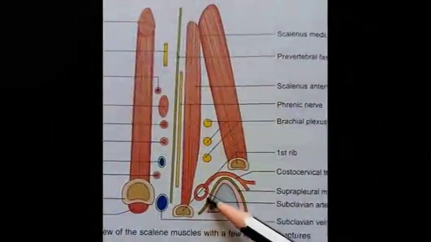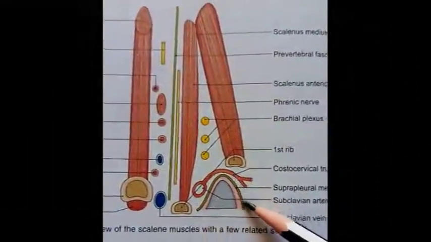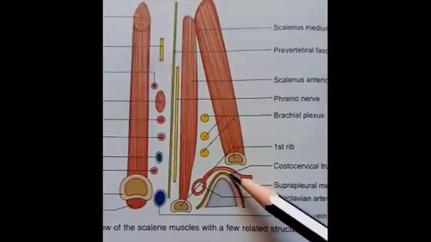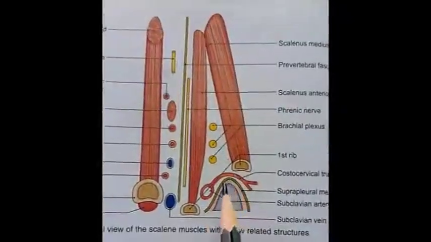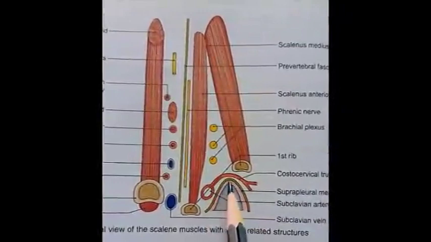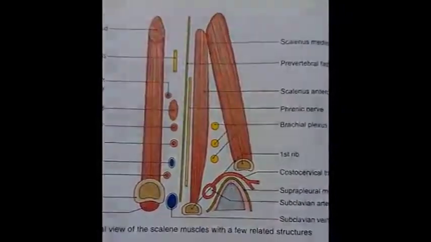This suprapleural membrane is considered as the expansion of the scalenus minimus muscle. Contraction of scalenus minimus muscle pulls the dome of the cervical pleura.